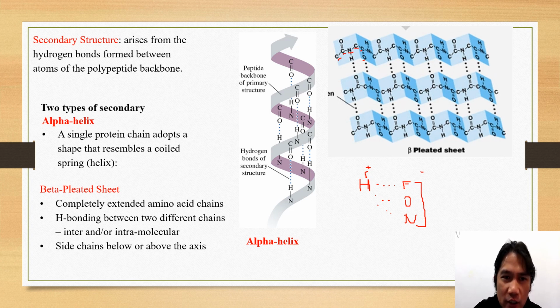There are two types of secondary structure. The alpha helix is a structure adopted by a protein that assumes a helical shape. It says here, a single protein chain adopts a shape that resembles a coiled spring. So this is the structure of the alpha helix. Take note that there's a hydrogen bond between atoms in the polypeptide backbone. So where are those hydrogen bonds?